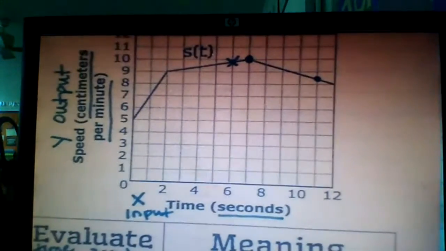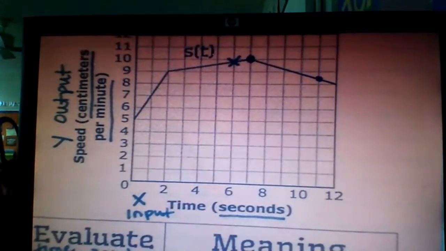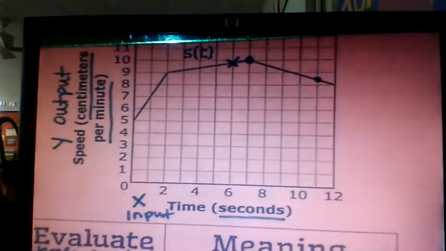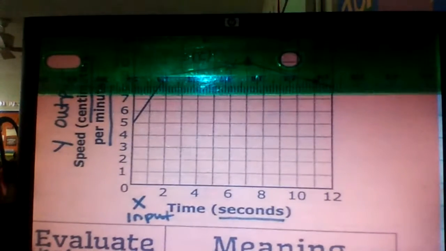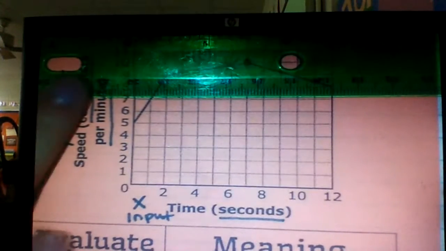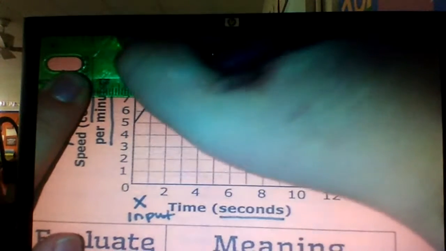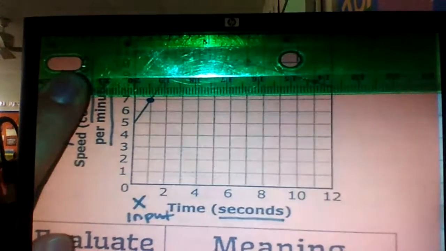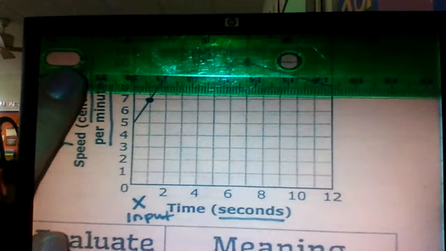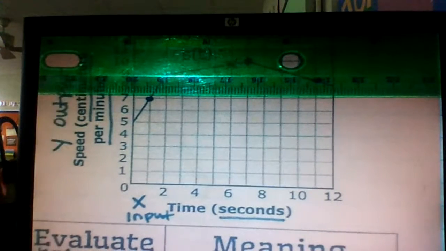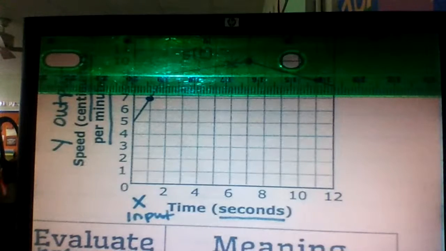Okay, so this time, because they gave me speed instead of time, I need to find 7 on my y-axis, and it lines up with 1.